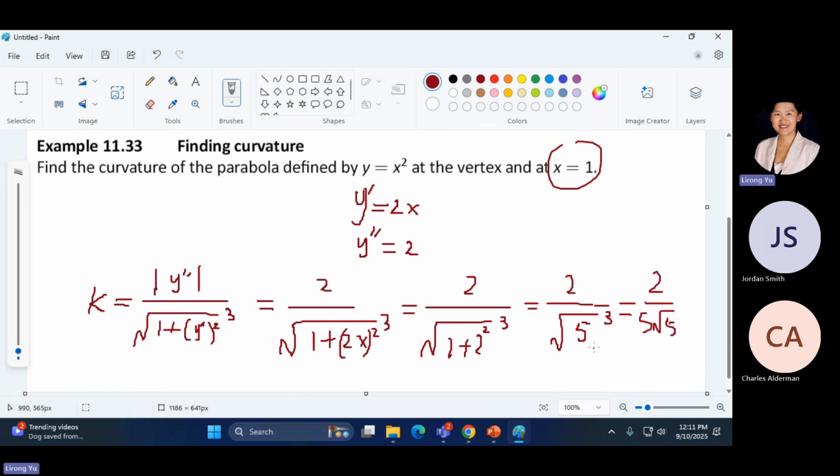So 2 over 5 root of 5. If we simplify this further, it's 2 over 25 multiplied by root of 5. And we can calculate the curvature from there. Any questions? Are we okay? All right, so that's the value of the curvature. It's not a big curvature. You can see the curvature is smaller than 1.